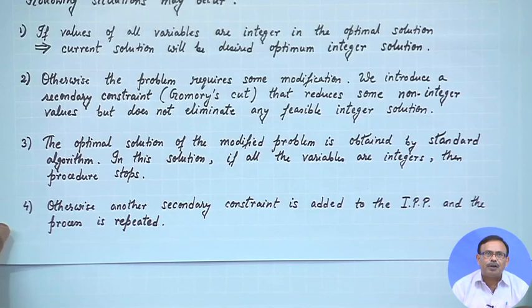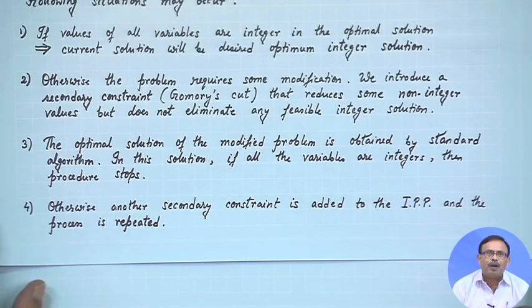Number 2: otherwise, the problem requires some modification. That means the solution you have obtained has some decision variables with non-integer values. So, we introduce a secondary constraint, which we call Gomory's cut, that removes some non-integer values but does not eliminate any feasible integer solution, as I emphasized earlier.